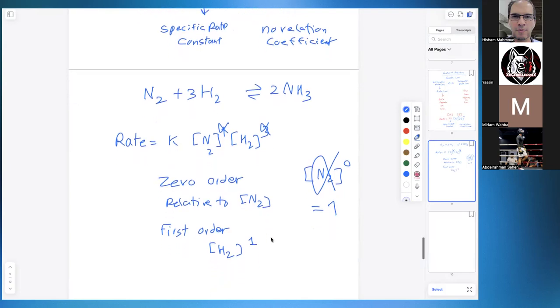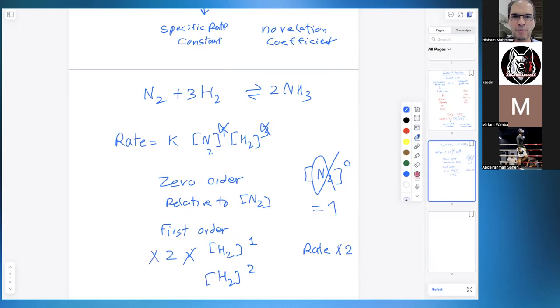But what does it mean H2 to the power of 1? What if I said H2 to the power of 2? What is the difference between power 1 and power 2? Any change you make to the concentration of H2 will happen to the rate. For example, if you multiply the concentration of H2 by 2, the rate of the reaction will be multiplied by 2.